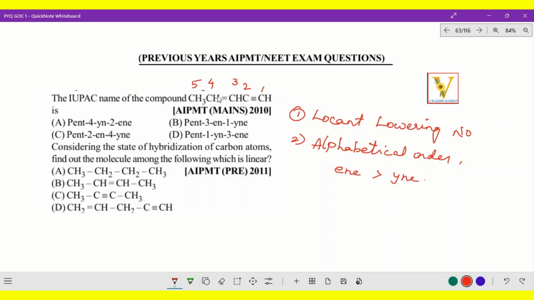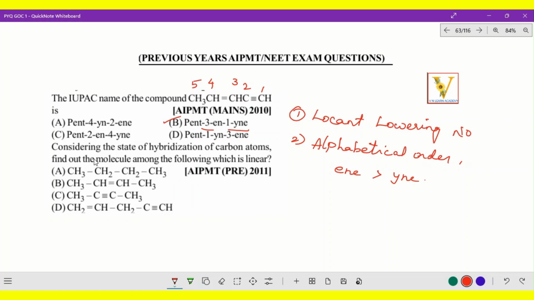The parent long chain has 5 carbons, pent, and 3-yne 1-ene. The numbering starts from here. So option B, pent-3-yn-1-ene, is the correct answer.